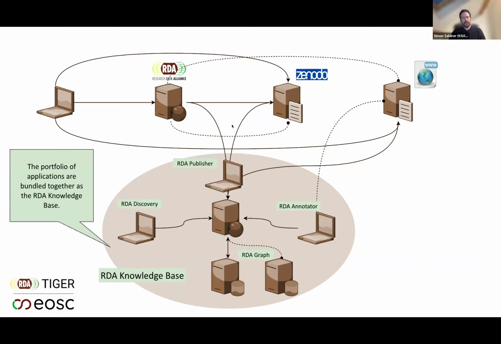And that has resulted in those outputs being distributed among different locations. So, of course, the RDA website being the main one, but also more recently the Zenodo repository, but also other websites around the web. So they are a little bit spread out.